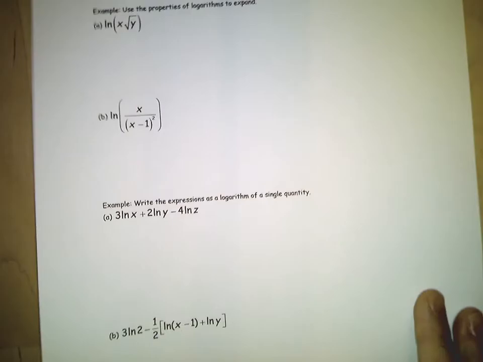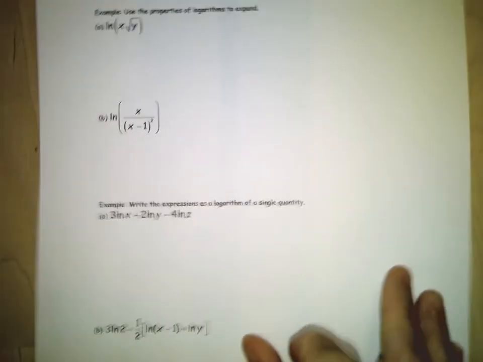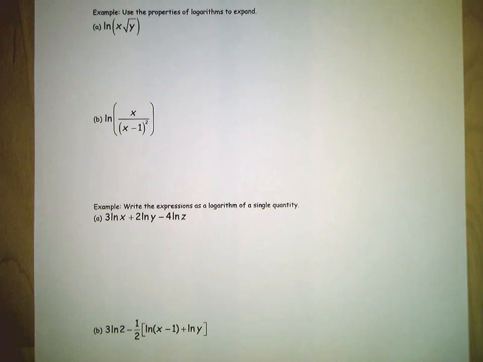So let's use the properties of logarithms to expand this expression here, natural log of x times the square root of y. Now again, you might be wondering, why are we doing this in a calculus video? But we might want to sometimes use some of these properties of logarithms to make finding the derivatives easier later on.